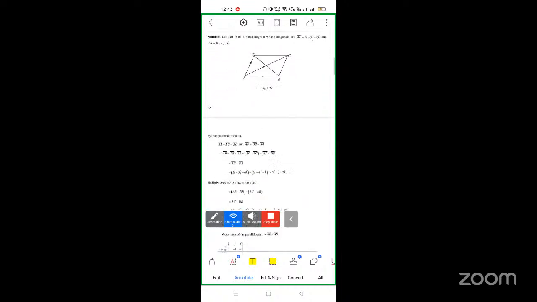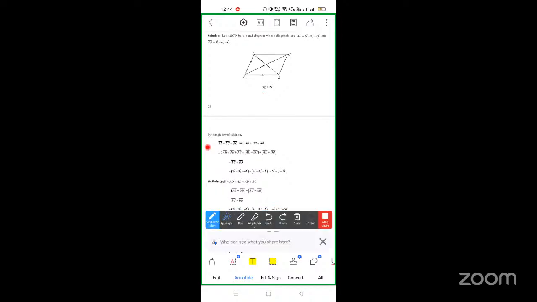First we have to find the area of the parallelogram. From the triangle law of addition, AB plus BC is equal to AC and AD plus DB is equal to AB. Adding these two, 2AB is equal to AC plus BD.